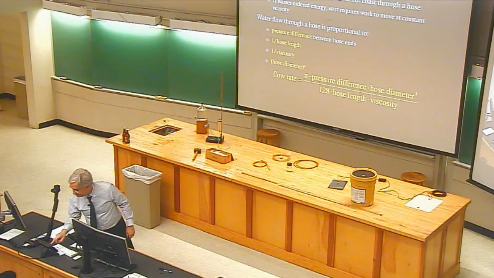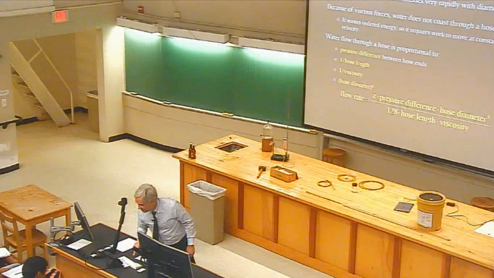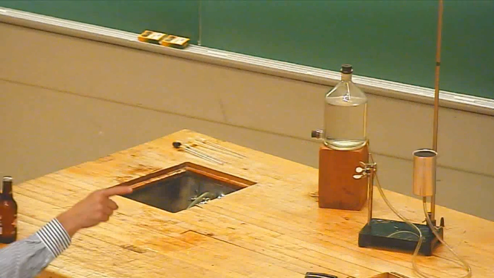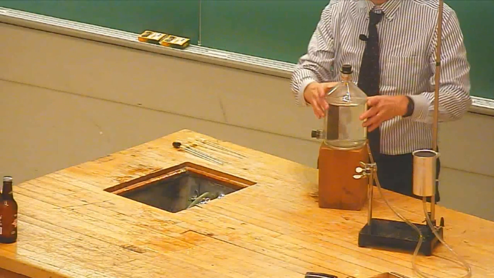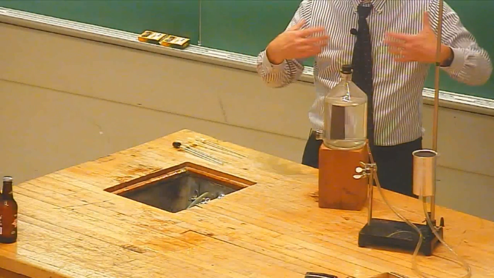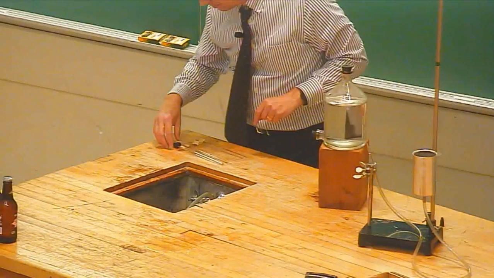Remember to undo this change over here. So here's a tank of water that will provide us with a specifically pressurized water. So we'll have this pressure right here, based on how high that water is.